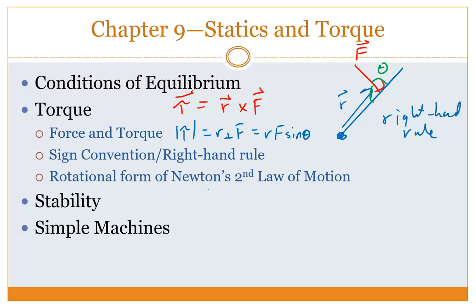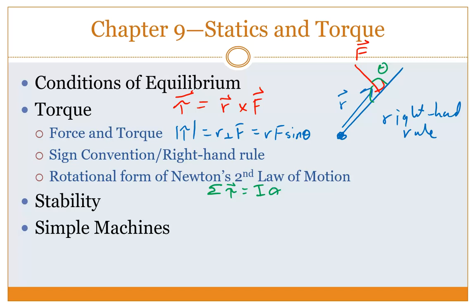Rotational form of Newton's second law. What's the rotational equivalent for force? Torque. So it's going to be the sum of the torques. What's the rotational equivalent for mass? Moment of inertia. And what's the rotational equivalent for acceleration? Easiest question of all.